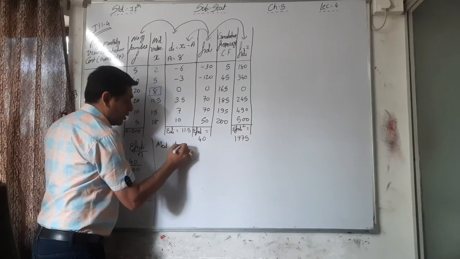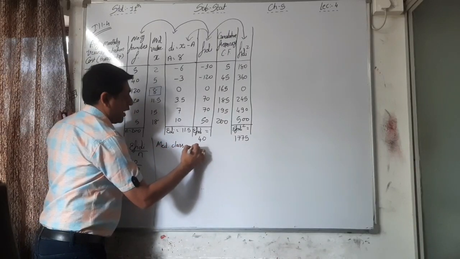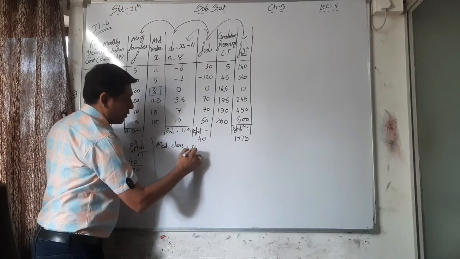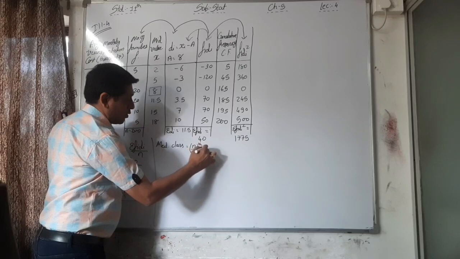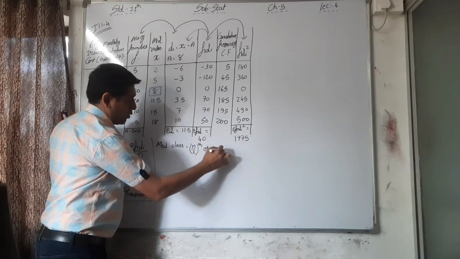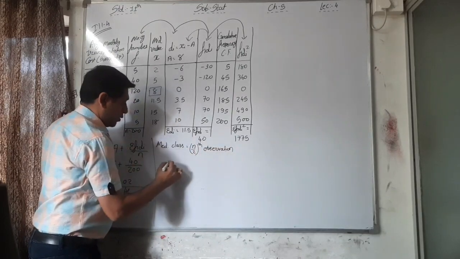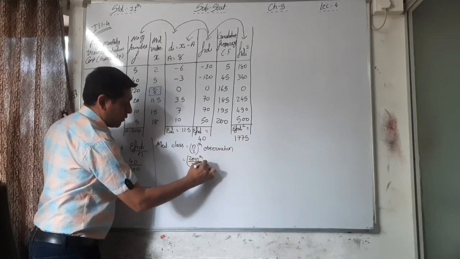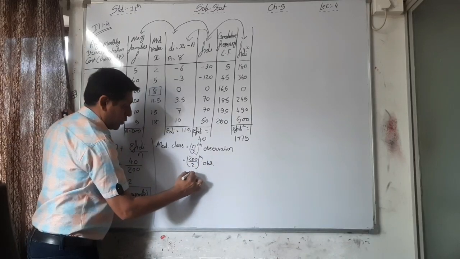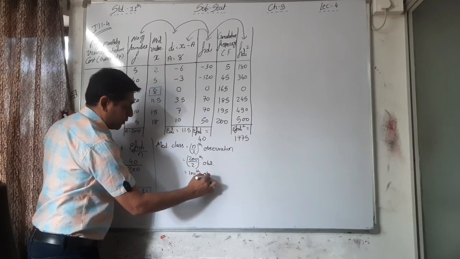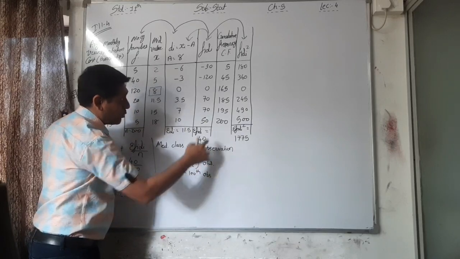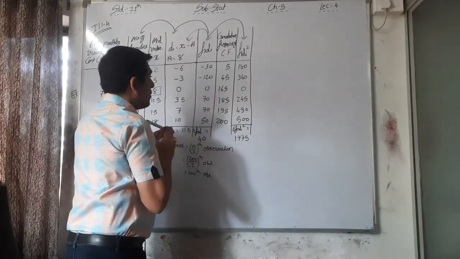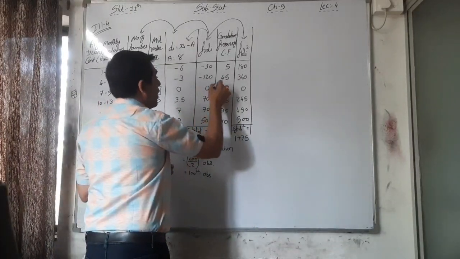Median class is the N by 2th observation, N is 200, divided by 2, the 100th observation. We see this 100th observation in the cumulative frequency column, and it lies between 45 and 165.